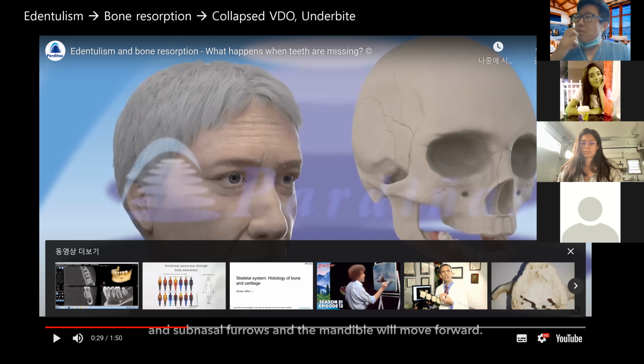I can't explain the reason in detail today because it's too complex, but basically when the top arch and the lower arch resorb, it usually happens in such a way that the relationship of the jaws shifts. So you not only get a collapsed bite, but you also get a cross bite, an underbite.